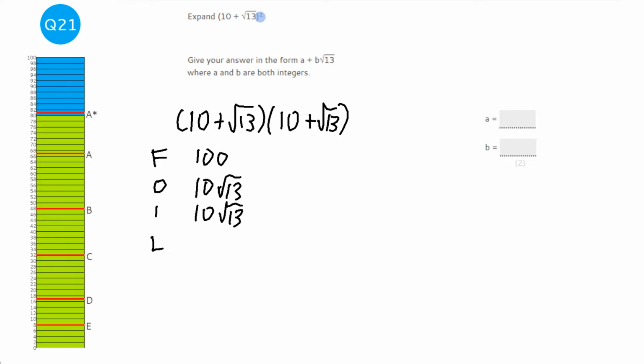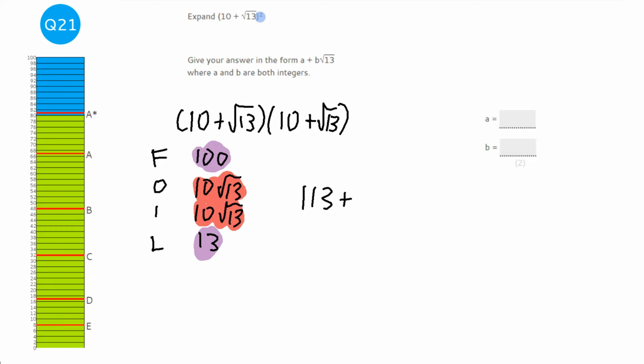And the two last ones are root 13 times root 13. Now the rule with surds is if you times a surd by itself, you'll just get the number without the square root. So root 13 times root 13 is just 13. Now when we're simplifying, we've got the number 100 and the number 13, which is going to be 113, plus the 10 root 13 plus the 10 root 13.